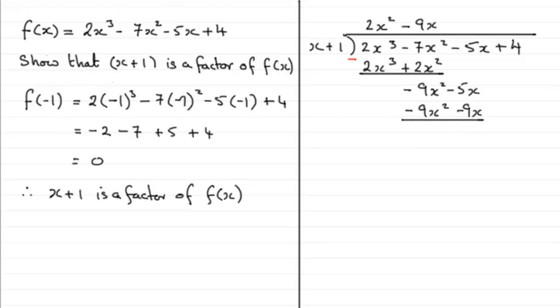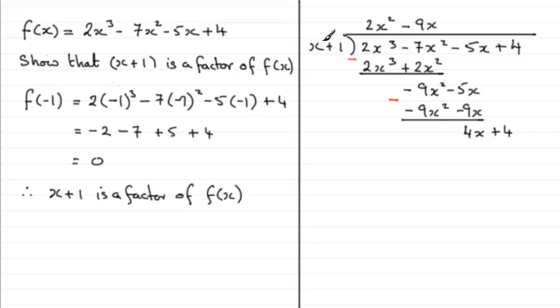Again, subtract now to work out what the remainder is, and you get 0 here, minus 9x squared minus minus 9x squared, that's 0, and then you've got minus 5x minus minus 9x, so minus 5x plus 9x, and that's going to give us 4x. Bring down the next term, plus 4.